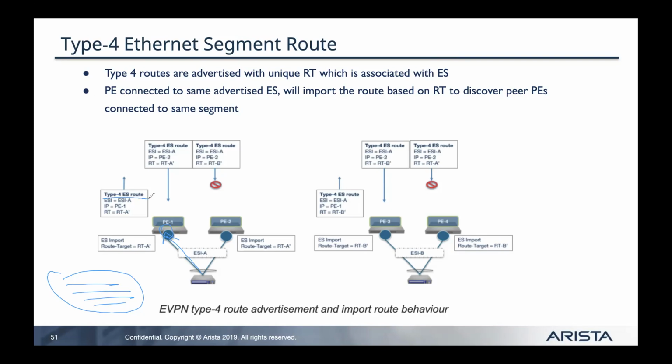The information it will have is the Ethernet segment identifier: I am connected to this Ethernet segment identifier. My IP address is 1.1.1.1, I am VTEP 1.1.1.1, so the other VTEPs understand which VTEP has sent this information. And I am associated with route target RT-A, the route target you configured under port channel 10, which was 01:04.